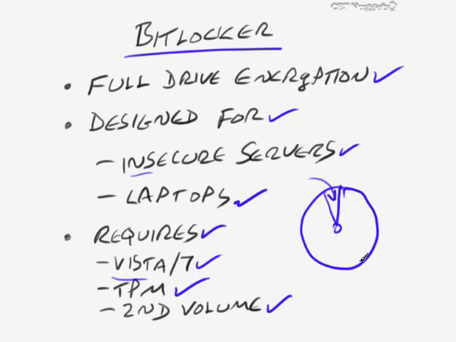If I were to encrypt the boot files, then there would be no way to ever boot the machine. So that will be left unencrypted, and then after the boot process gets started here, it will then be able to access the TPM, release the key, and then it will decrypt the rest of the volume so that I can access it.